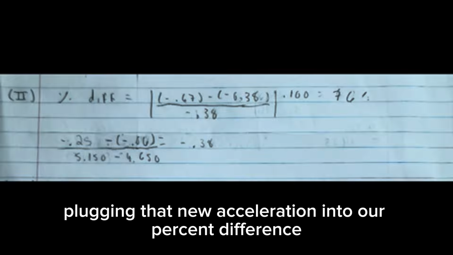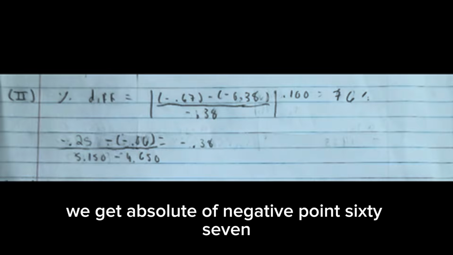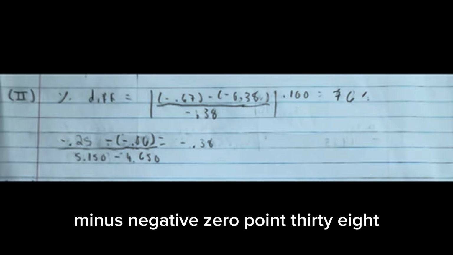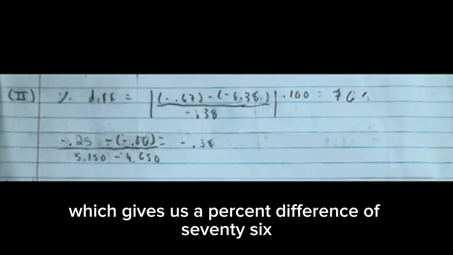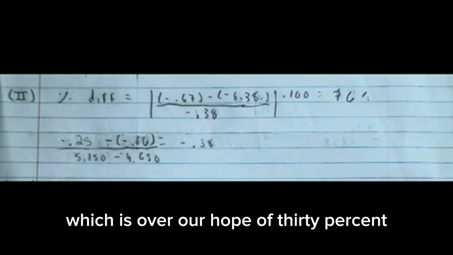Plugging that new acceleration into our percent difference, we get the absolute value of negative 0.67 minus negative 0.38 divided by negative 0.38 times 100, which gives us a percent difference of 76, which is over our hope of 30%.